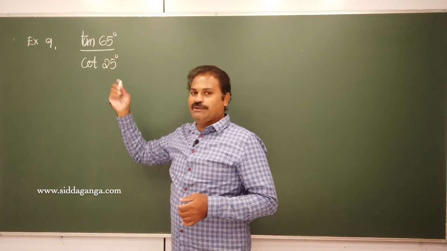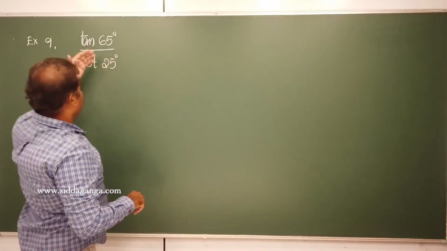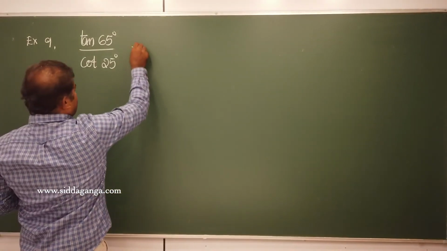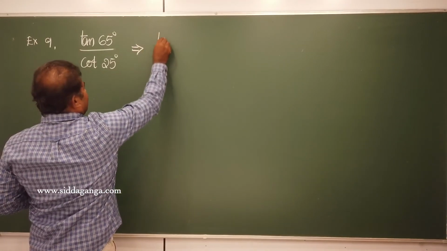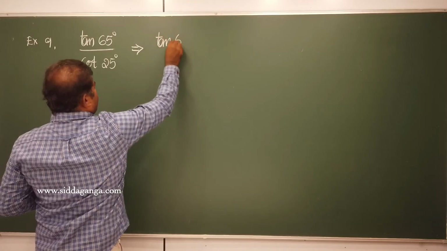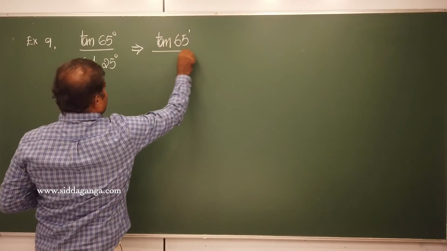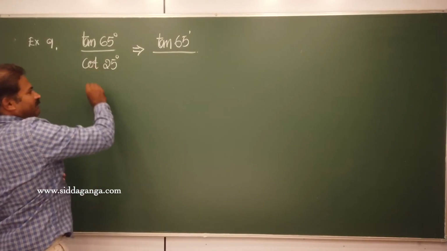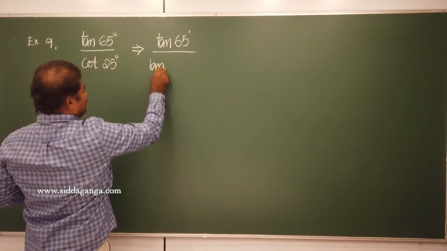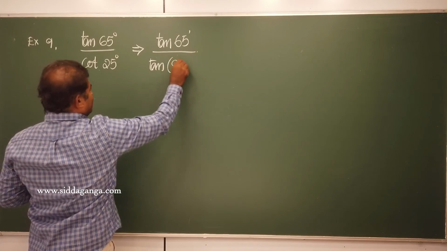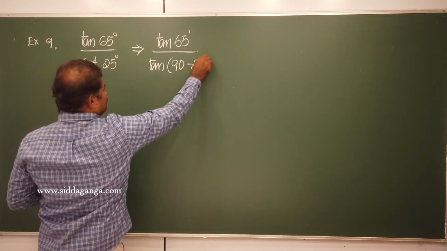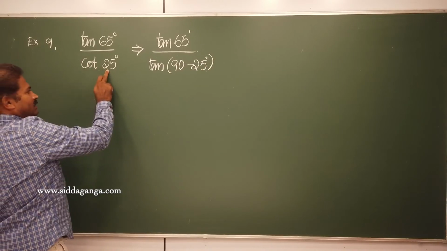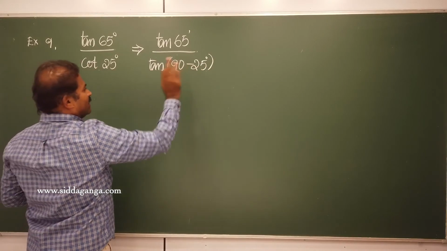So how are you going to evaluate this? Any one of the angles you can take as a complementary. So this is equal to tan 65 divided by, for cot you can take the complementary. What is the complementary for cot? It is tan(90 minus 25 degree). If there is angle A, cot A is equal to tan(90 minus A).